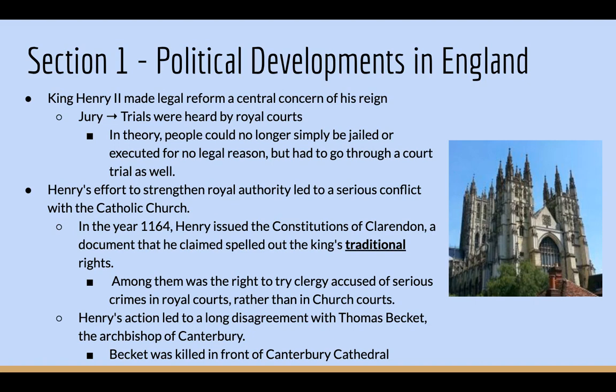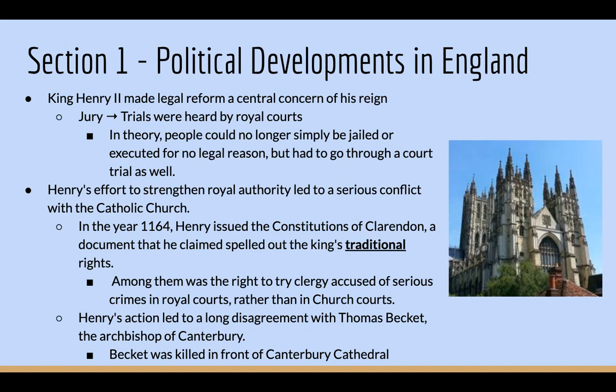So the rights that Henry said that he possessed because they're the power that a monarch has always had. It's tradition. It was common. So he claimed that he had certain rights. Among them was the right to try clergy, so those members of a church who are accused of serious crimes, in royal courts rather than in church courts themselves.